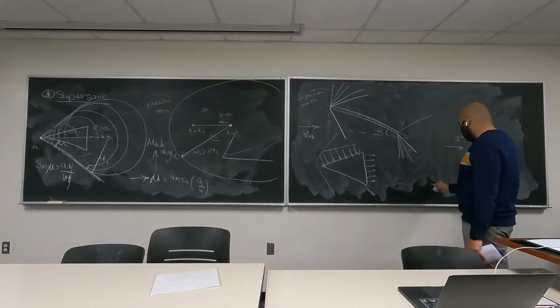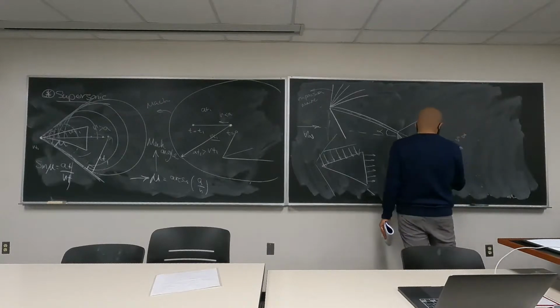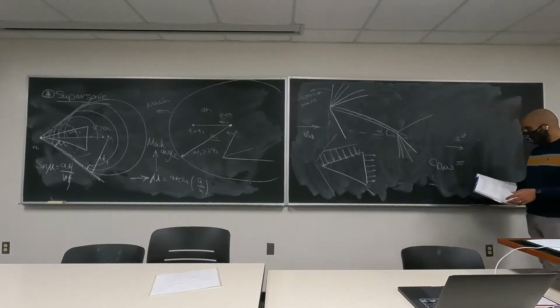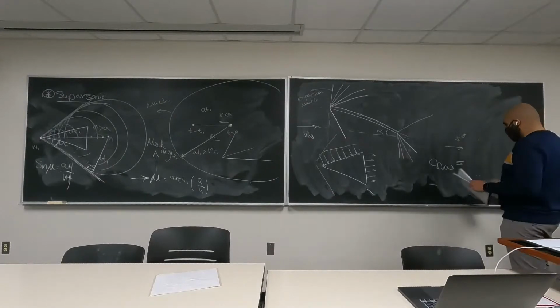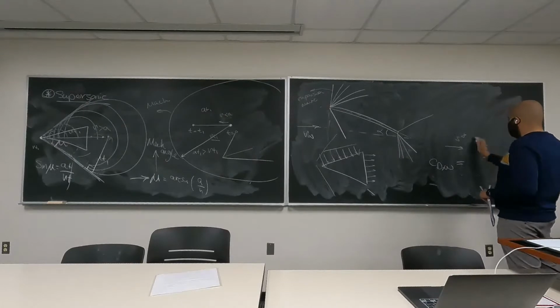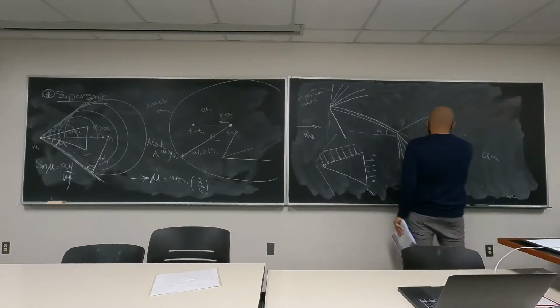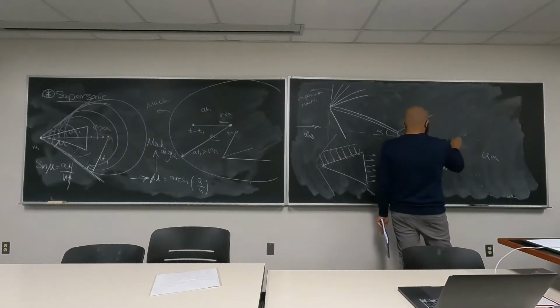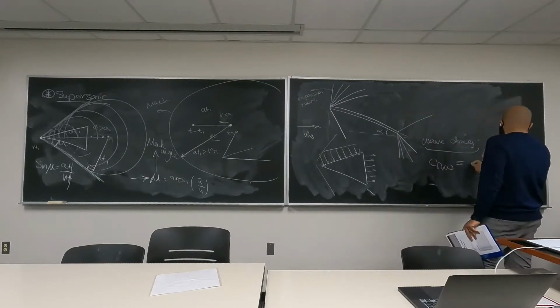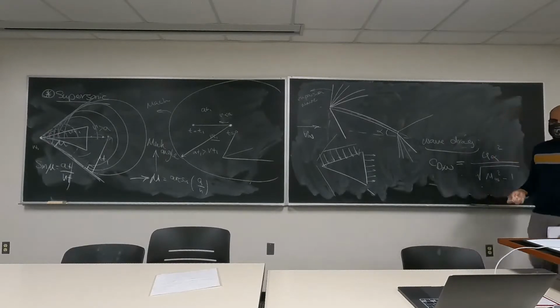How do we calculate this? I'm just going to give you a formula. Your wave drag coefficient, let me write the name in case you don't hear me, wave drag. Your wave drag coefficient is 4 alpha squared over the square root of M infinity squared minus 1.